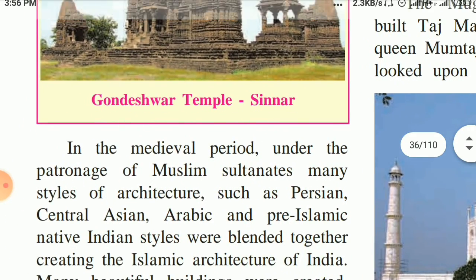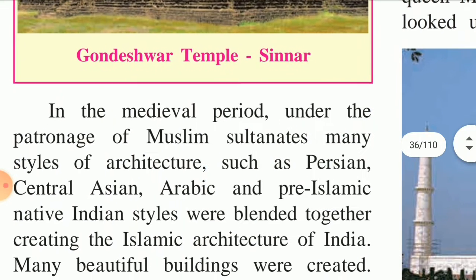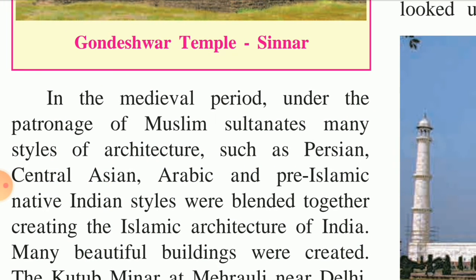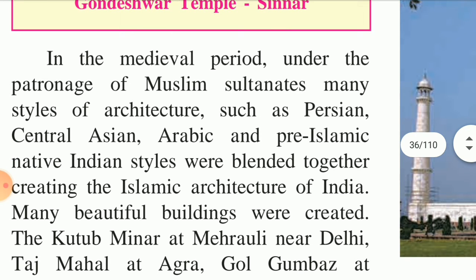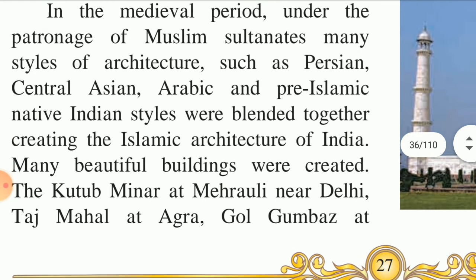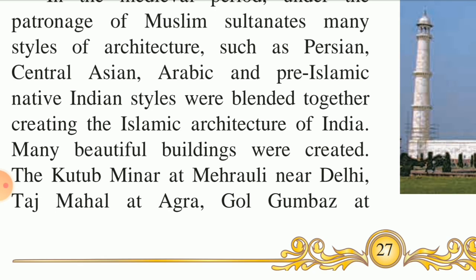In the medieval period, under the patronage of the Muslim Sultanate, many styles of architecture such as Persian, Central Asian, Arabic and pre-Islamic native Indian styles were blended together, creating the Islamic architecture of India.